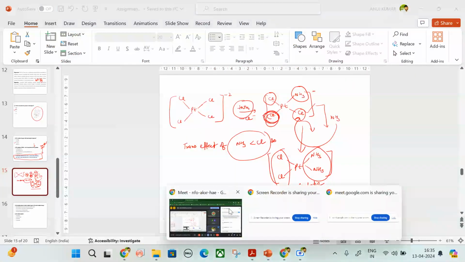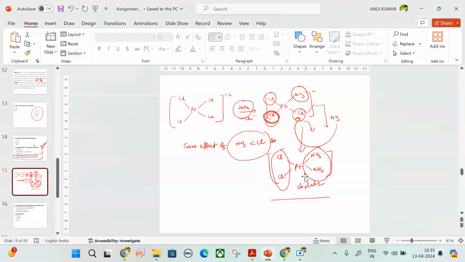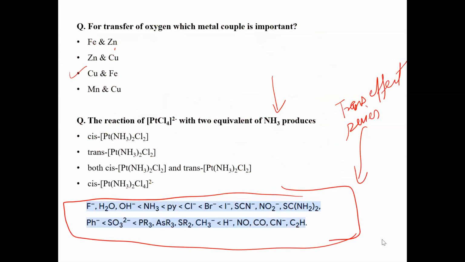Are you getting my point? So for the second one, what will be the right option? It is A.